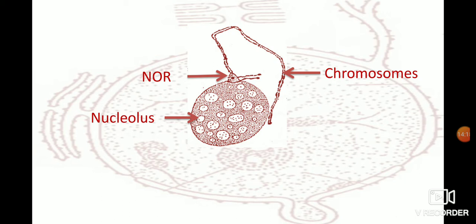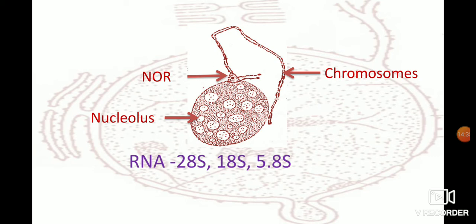Here, three kinds of ribosomal RNA molecules, that is the RNA 28S, 18S and 5.8S are synthesized.